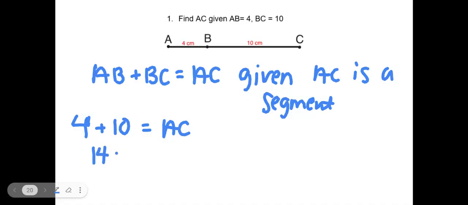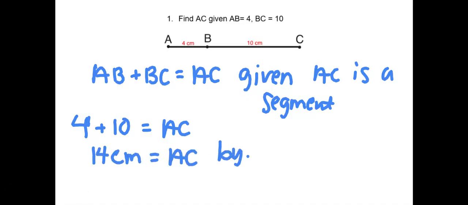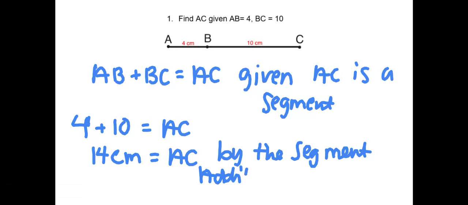So 14 centimeters is equal to AC by the segment addition postulate. That's that if-then statement that says if B is between A and C, which it is, then we can add those pieces together and get the total length.